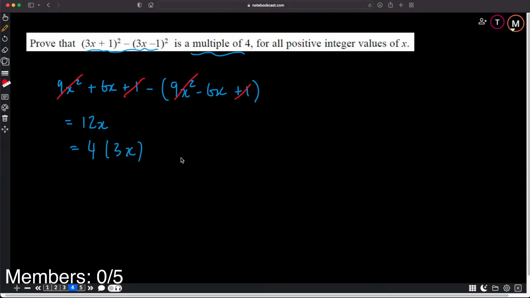What do you mean? You haven't explained it at all. And I go, well, obviously 12x is a multiple of 4, but I think sometimes what's going on in your mind is not obvious to someone reading your work, so spelling it out is always a good idea.